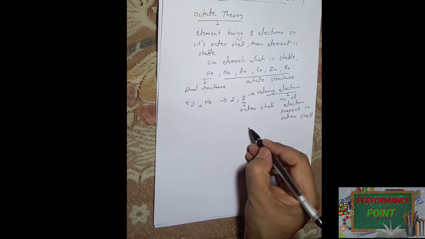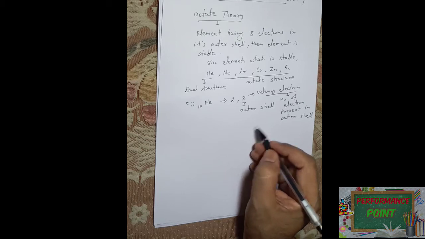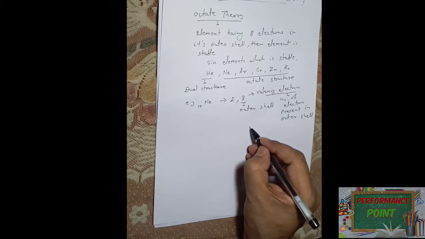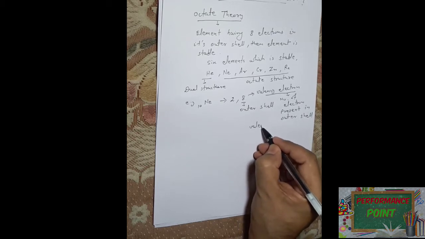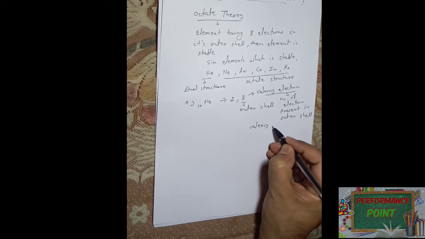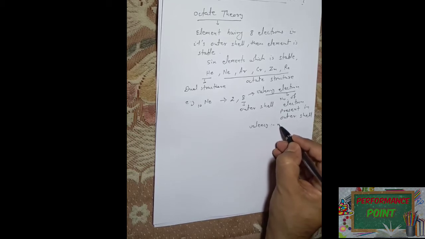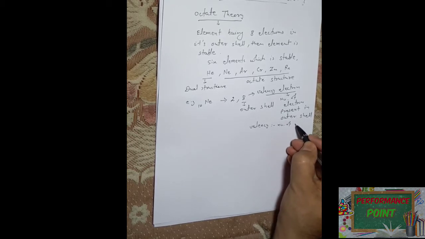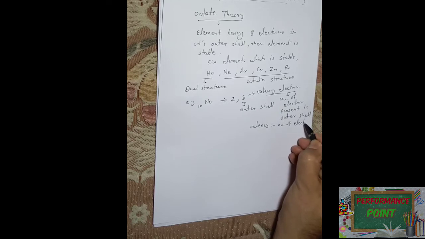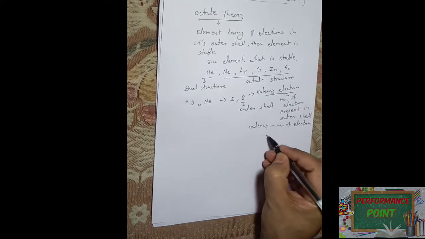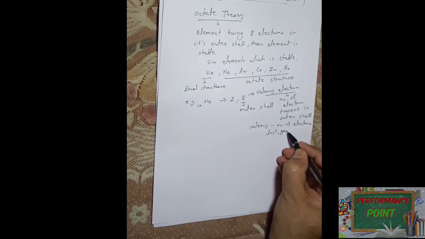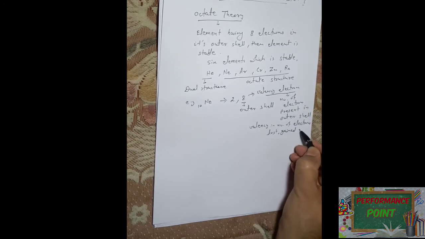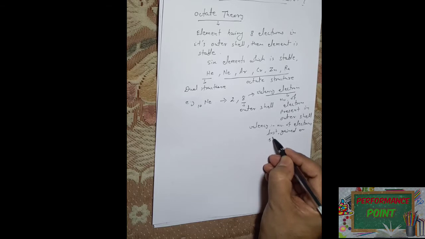Let's just go for the valency. We're going to discuss valency later, but I'm just writing it here so that the confusion is over. What is valency? Valency is the number of electrons lost, gained, or shared.